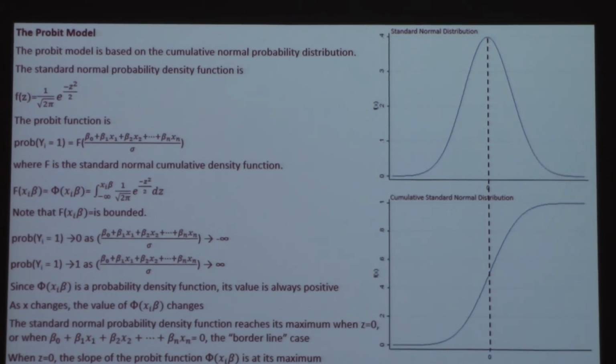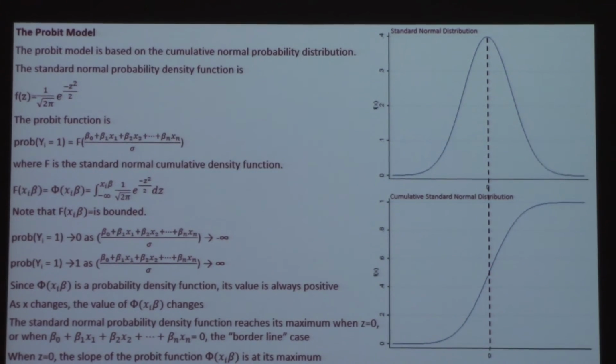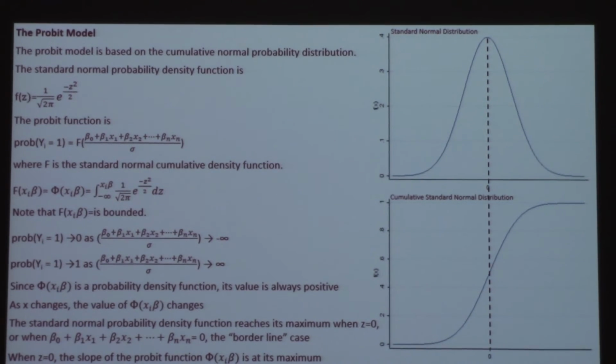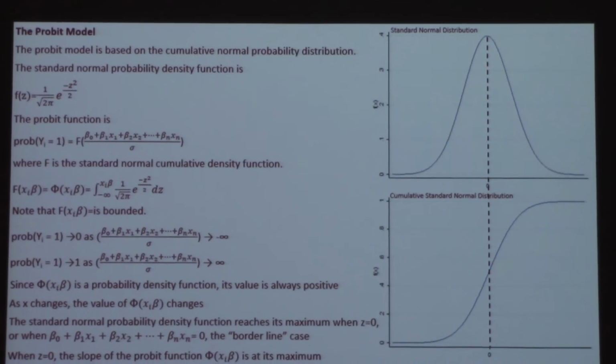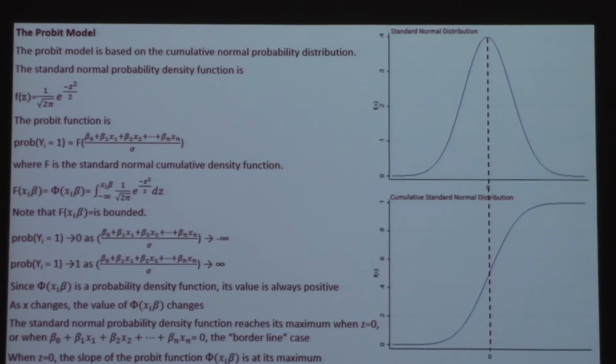So if we have a steep slope, it means that consumers are insensitive. If we have a flat slope, it means that consumers are extremely sensitive. At that point, the slope of the probit function is at its steepest, which means that the effect of the independent variables is greatest for that borderline case. Does that make sense?